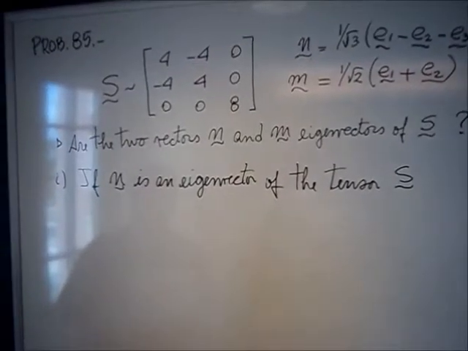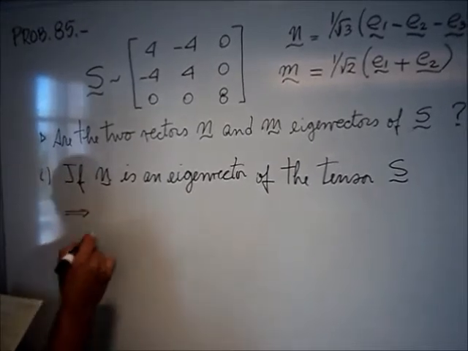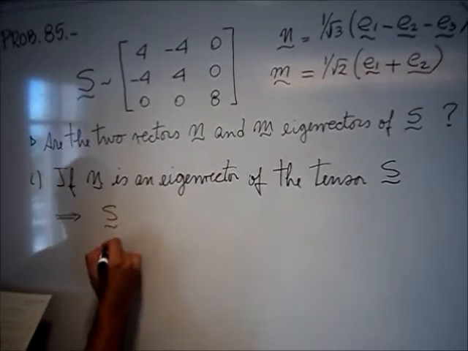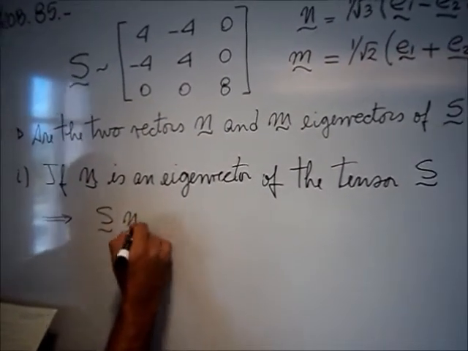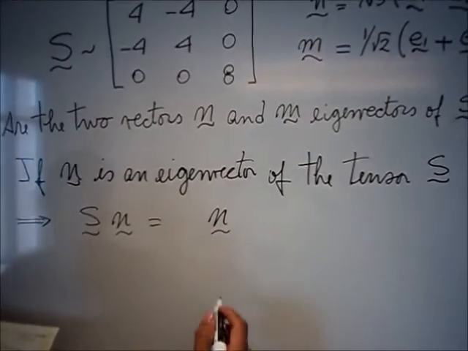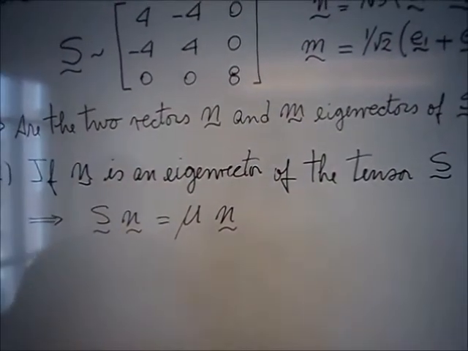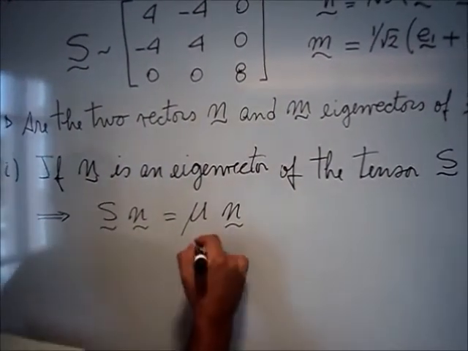If n is an eigenvector of the tensor S, then we can say that tensor S applied over vector n will be the same vector scaled by a scalar called mu.